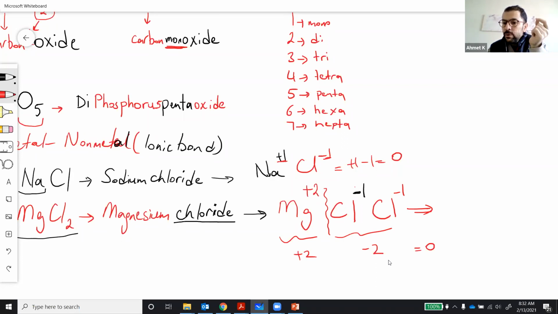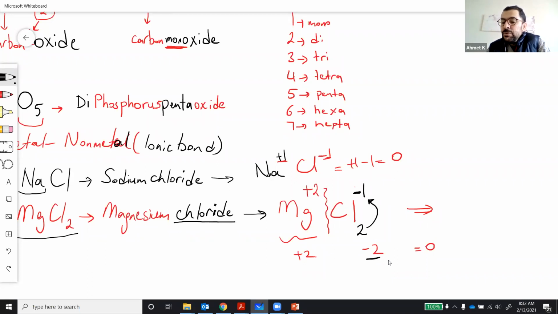So when you're writing the molecular formula, you need to put 2 here. This 2 indicates that you have 2 chlorine with a -1 charge, so multiplying gives -2. When you add them up, the molecule has no charge at all, and it's happy.